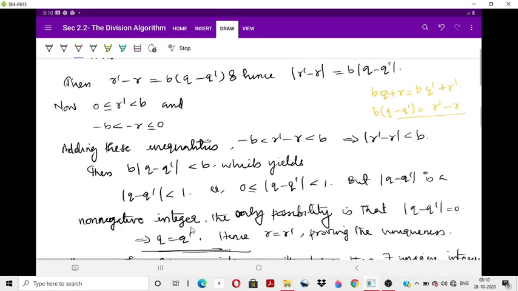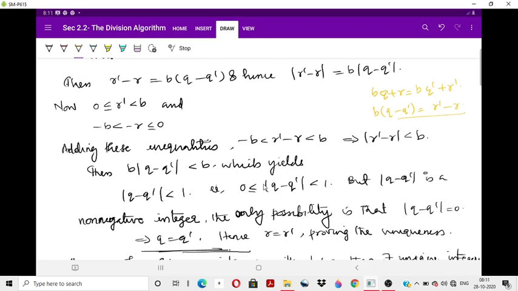That is 0 less than or equal to mod q minus q dash less than 1. This 0 we have taken because, this being the modulus, we know that modulus is always positive or equal to 0. But we know q is an integer, q dash is an integer, and hence their difference will be an integer.